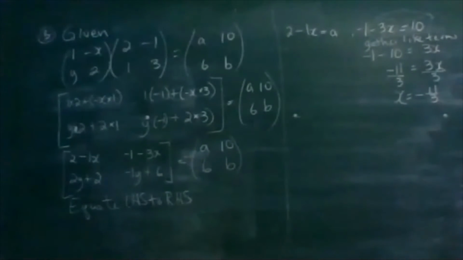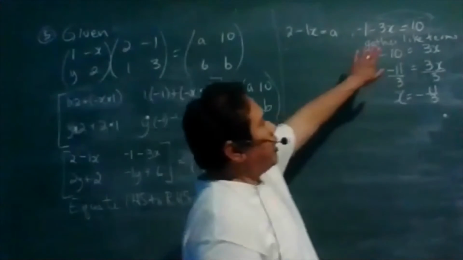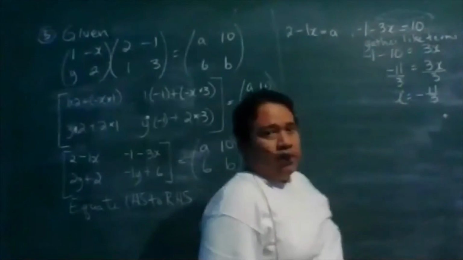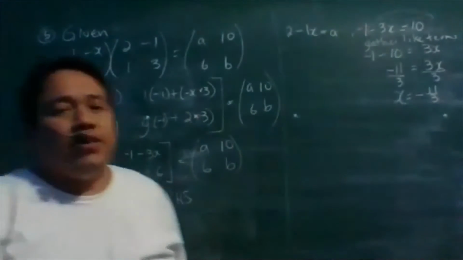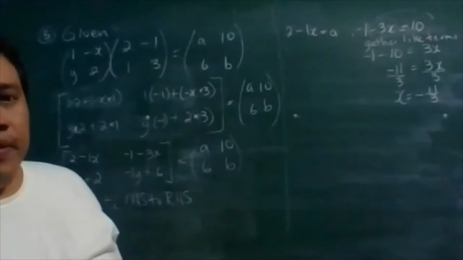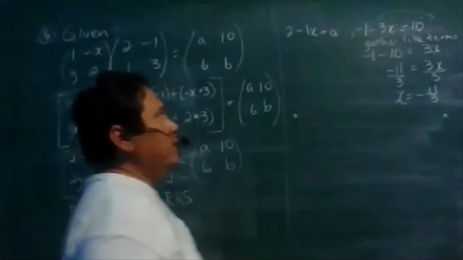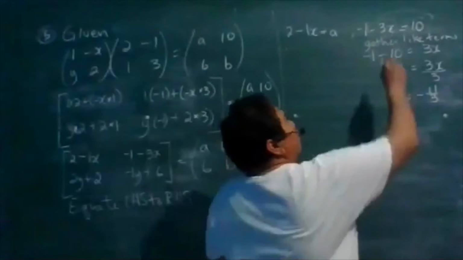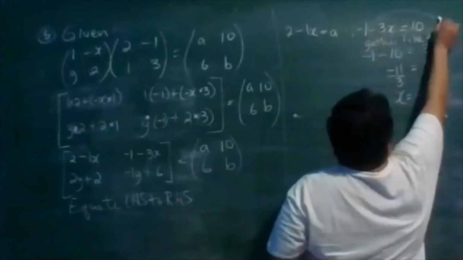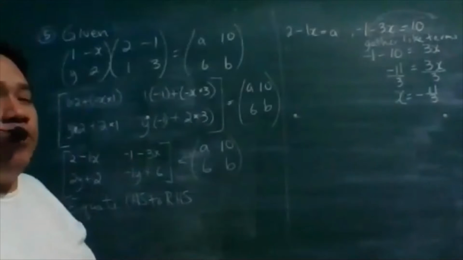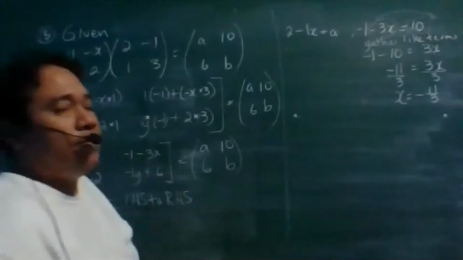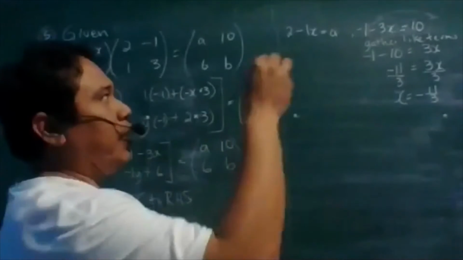Questions, guys? Up to there. Sir, please go over that. All right, I have negative 1 minus 3x equals 10. I need to gather like terms, because x should never be negative. X should be positive. So to gather like terms, I will move the negative 3x to the right. In doing so, the negative moving from the left to right of the equal sign goes from being a negative to being a positive.